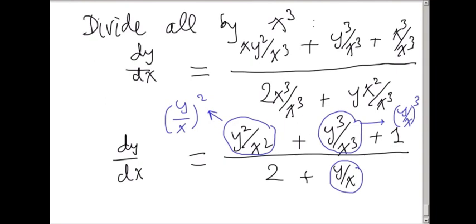So this is the homogeneous equation, and we can solve by putting v equal to y over x. Now, don't try to solve it. This may be difficult to do, but I just wanted to give you an idea of how to recognize homogeneous equation. And this is the end of the lecture for homogeneous equations.